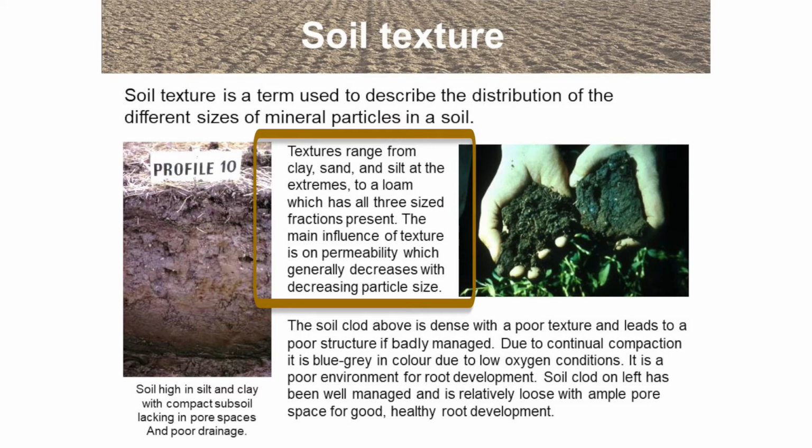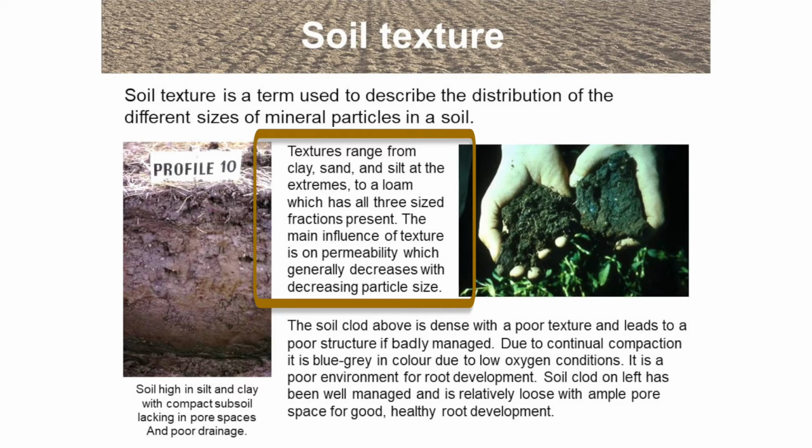Textures range from clay, that's material smaller than 0.002 millimeters, to sand, the material which is between 0.06 and 2 millimeters in size, and silt, the middle-sized particles which are sized between 0.002 and 0.06 millimeters, to a loam, which has all three size fractions present.